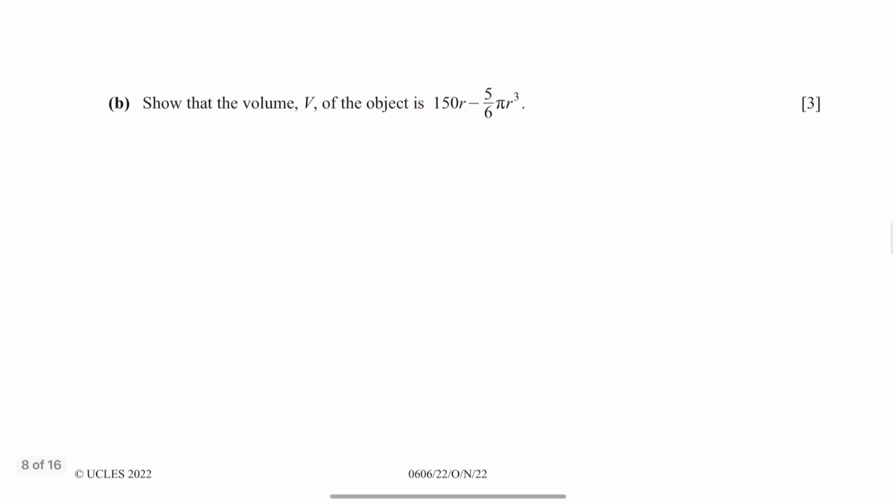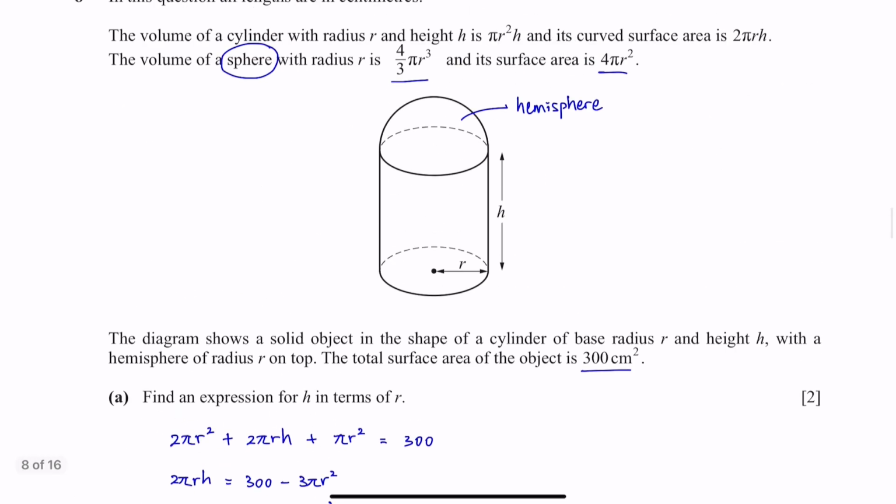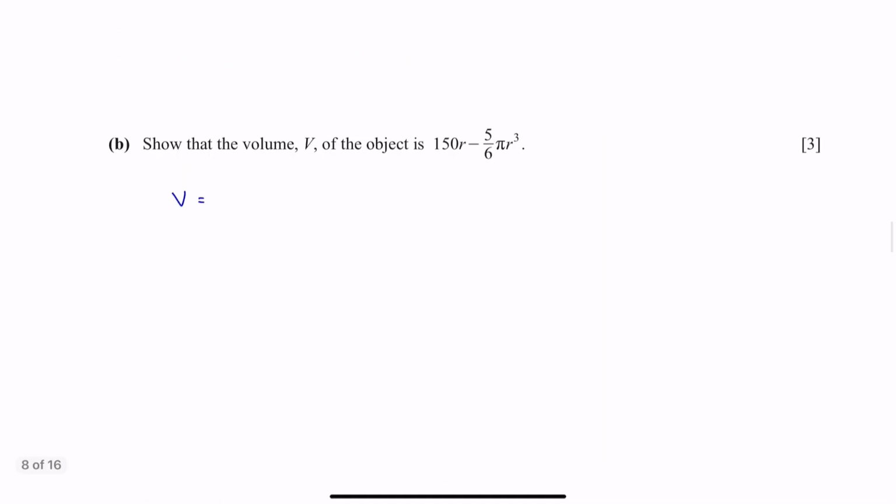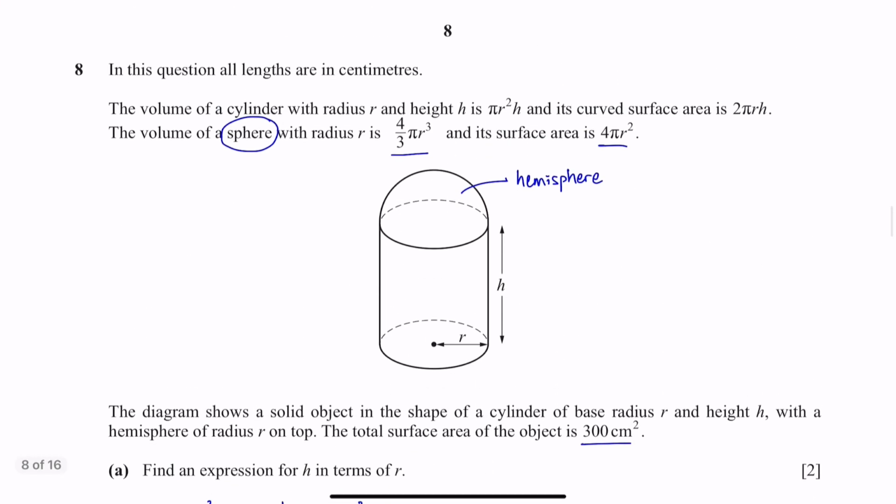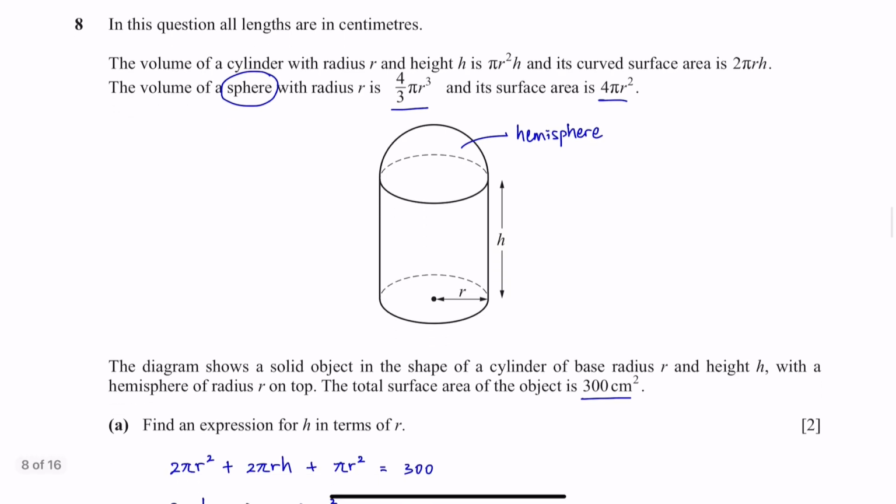That means at first we would obviously have our h term because the hemisphere is half times 4 over 3 pi r cubed, which is 2 over 3 pi r cubed, plus the volume of the cylinder, which is pi r squared h.